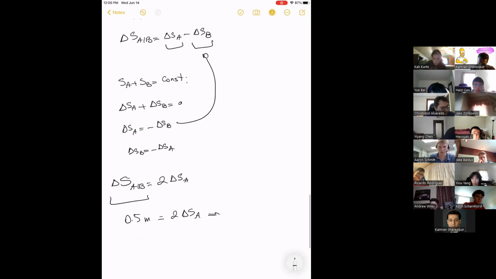Which means the absolute value of delta SA is going to be 0.25 meter and goes up.